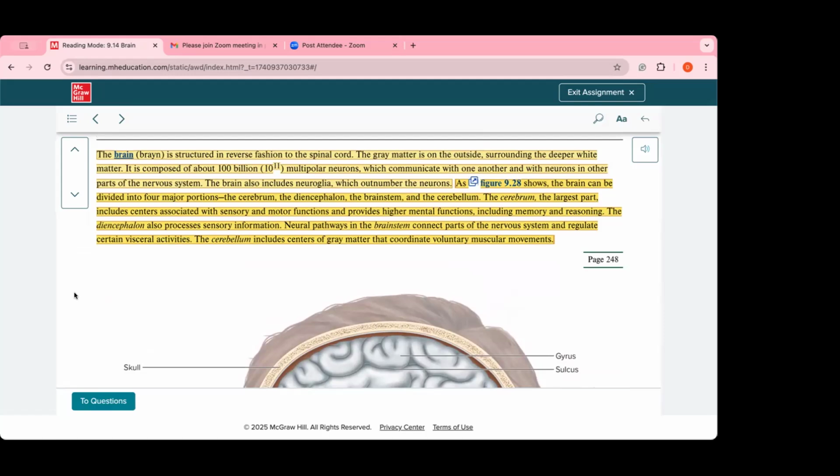Okay, hold on. In the brain, let me see if I can look it up, because I remember seeing it, but I don't remember. In the brain, the blank matter is deep to. Let's see what it says.